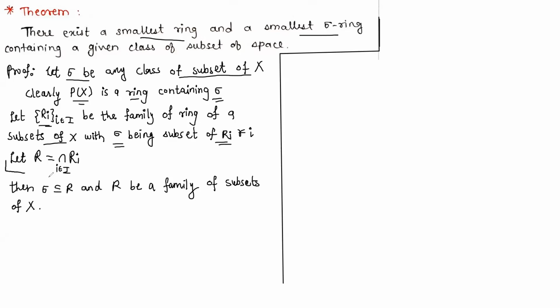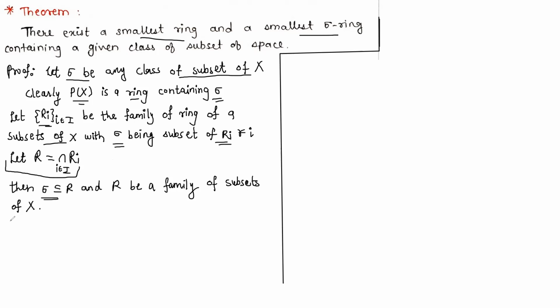Now R is equal to the intersection over i of R_i, that is, R is the intersection of all R_i, which is a family of rings. Then sigma is a subset of this R, because sigma is a subset of each R_i, and hence in the intersection it will be common in each R_i, and hence it is a subset of R.